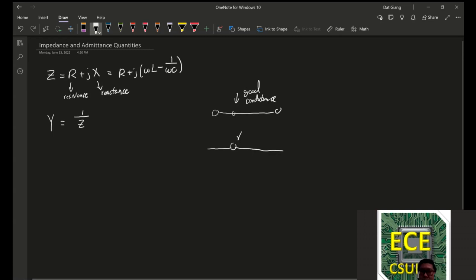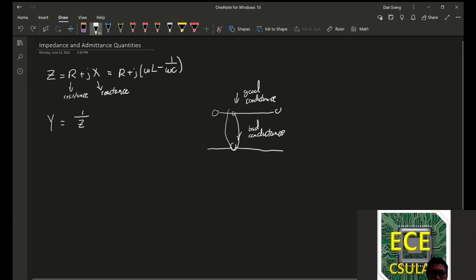Whereas this one, when you're comparing between these two, has bad conductance because you can't really make current flow through an open circuit in ideal situations. Of course, a little bit does happen due to electromagnetic interference, which you'll maybe talk about in EE3050. But for the scope of circuit analysis, we omit those details. That's the idea of admittance, just how easy it is to admit current, hence the name admittance.